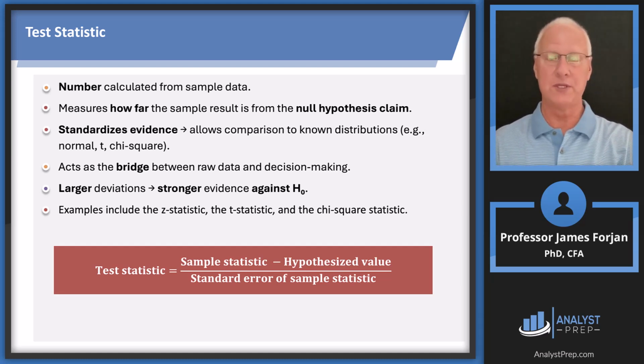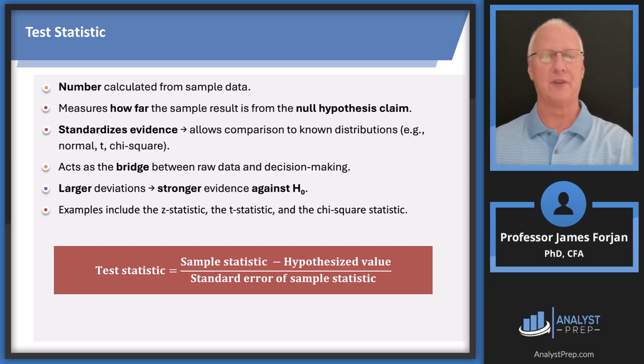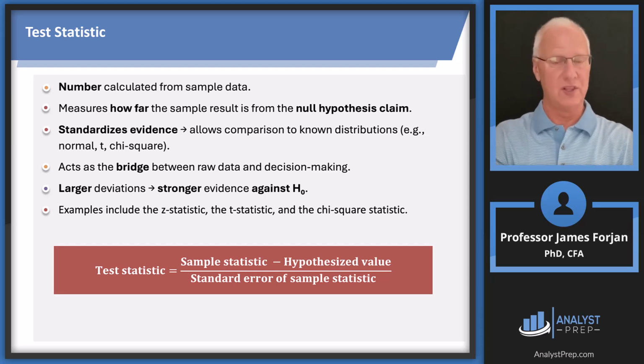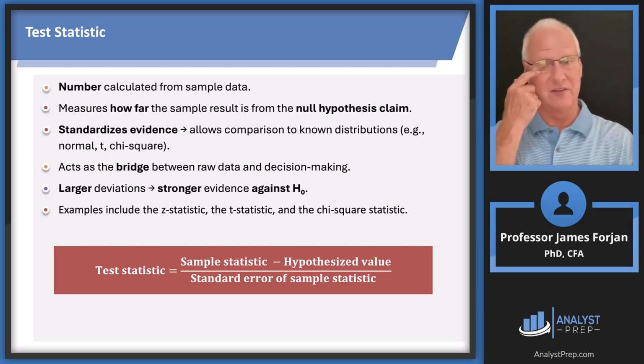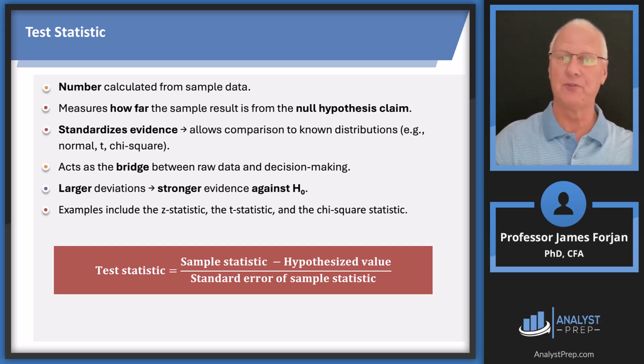Once we have put together that null and alternative hypothesis, we need to move down that list of the steps in hypothesis testing, and we need to craft this test statistic. And so all we're going to do is take the difference between what we think something is. Notice in the red box, there's that hypothesized value, and the sample statistic.